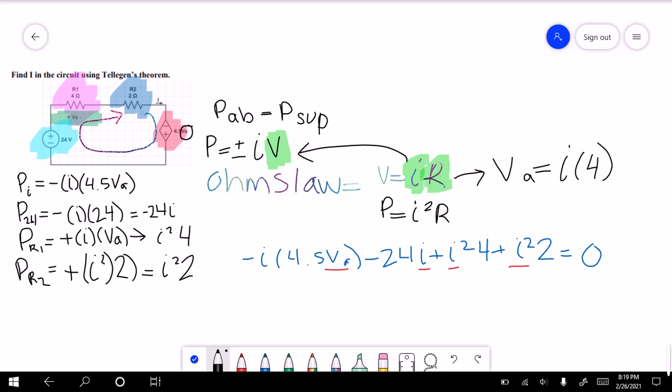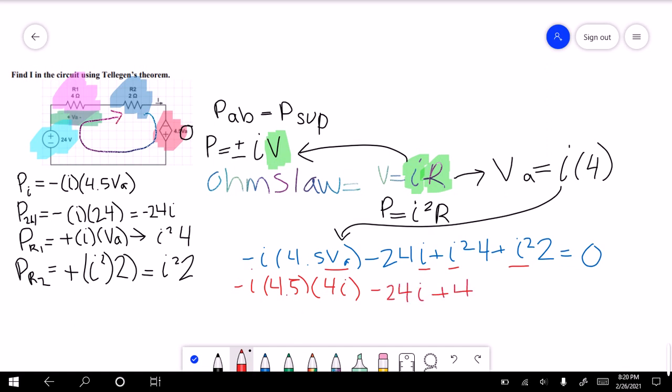So now we can put that into our equation. Let me rewrite this equation in red using what we know now: negative I times 4.5 times 4I, minus 24I, which is current, plus 4I squared plus 2I squared equals 0.